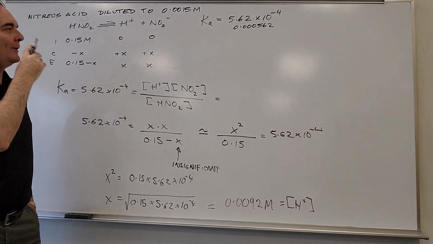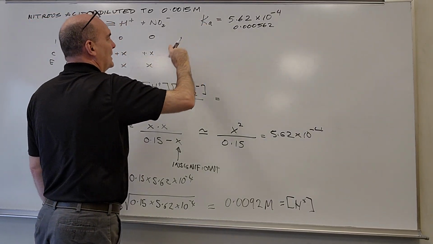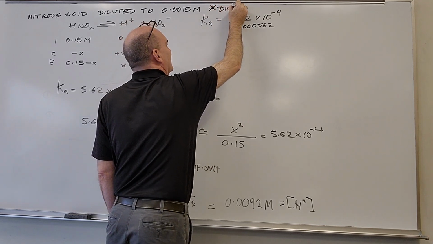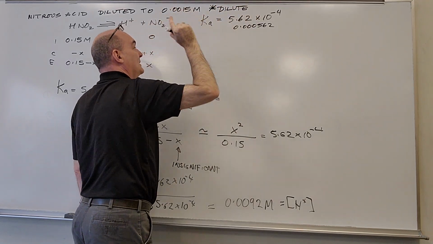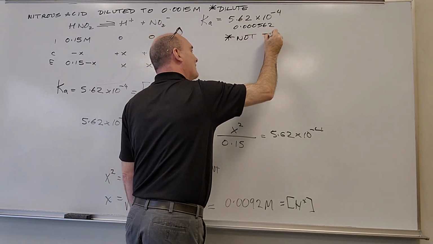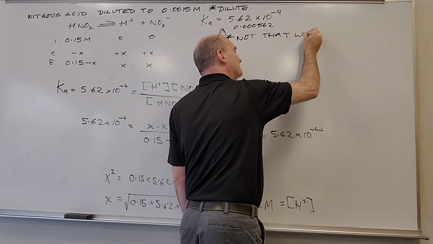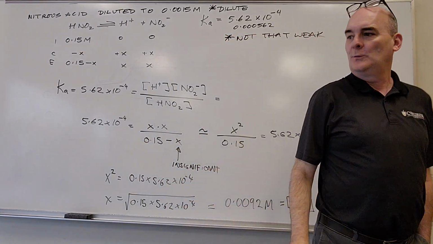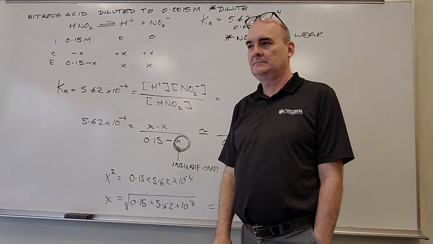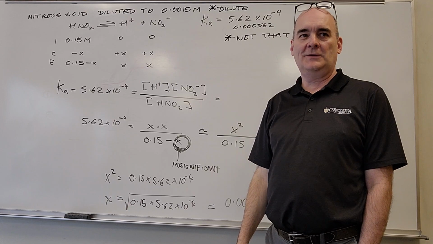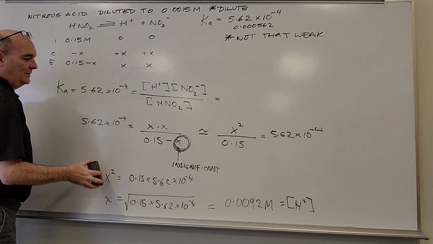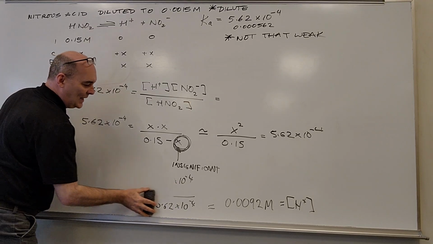But here, two things are conspiring: this is now a very dilute solution, and this is not that weak. Which means that this is no longer insignificant. The amount that we lose into equilibrium now has to be counted.